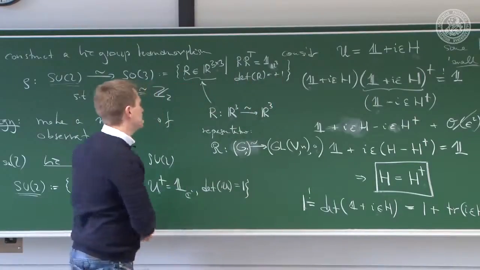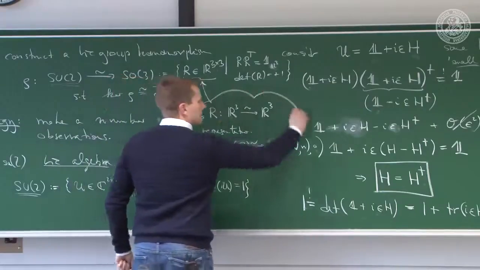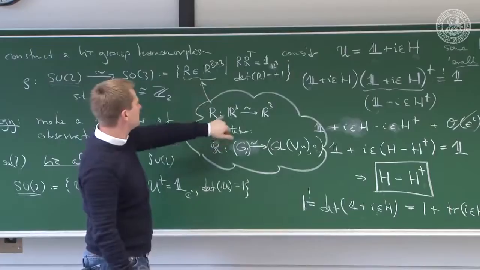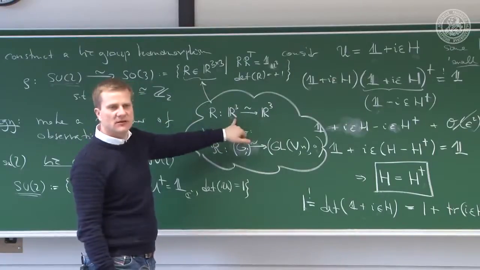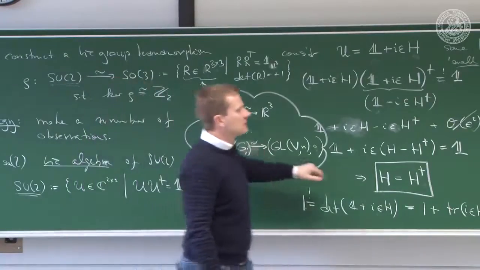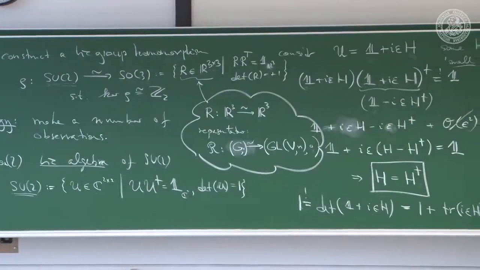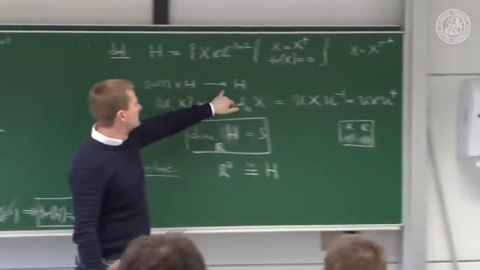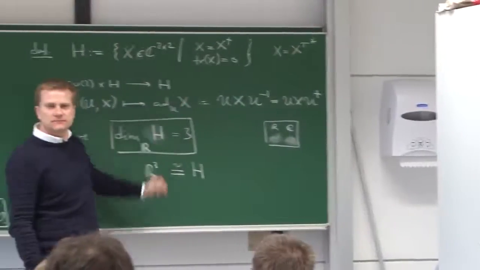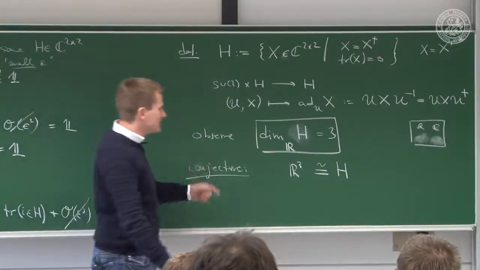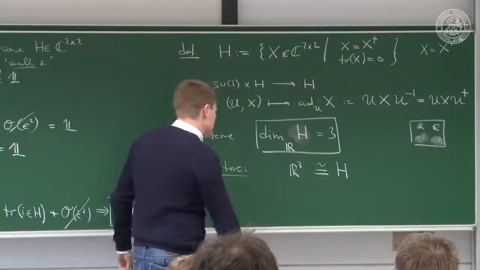So that's the confusion. It's not this R that's three-dimensional, but it's the representation space on which it acts. It's an accident that this is three-dimensional. I'm talking about the representation space in which it acts. Well, this is not much of a conjecture. This is actually clear that this is the case.